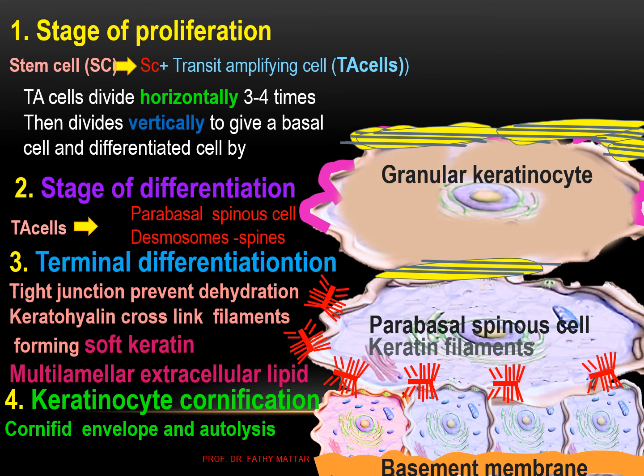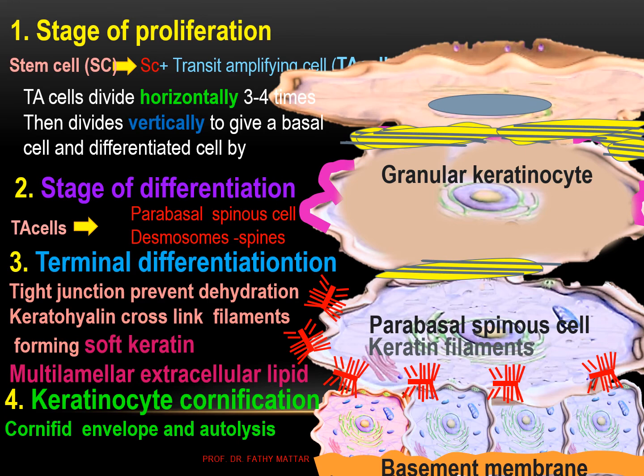When the granular keratinocytes form, the new parabasal spinous cells push the keratinocytes to the upper level, and the cells now start a process called cornification.